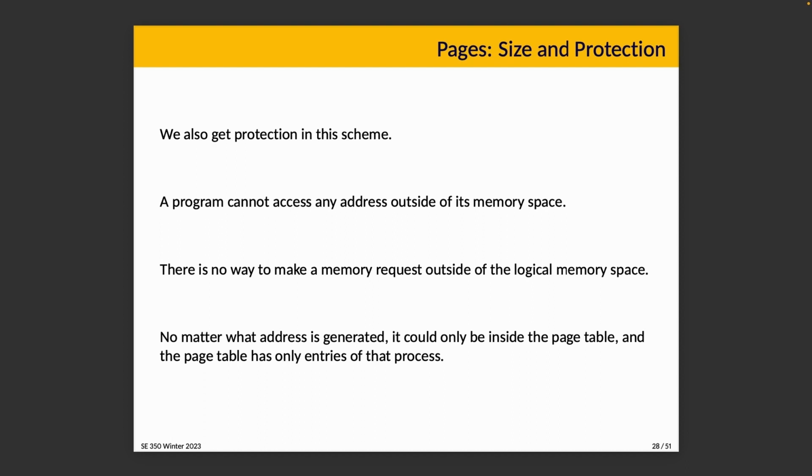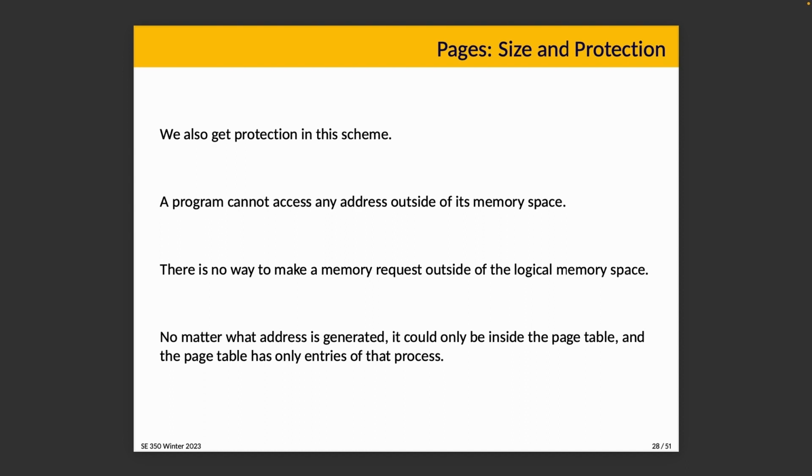If it's valid, great, carry on. If it's not, it's an error. There's no way that we could ever issue an address that is somehow outside of our area. There's no possibility of getting it wrong. So that's pretty cool. No matter what address is generated, it will be correct.